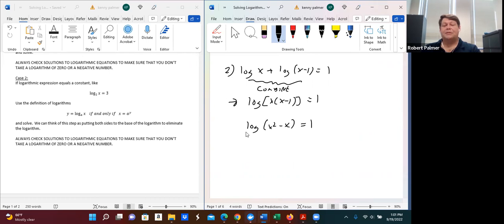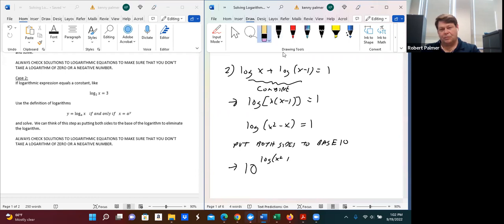Now, in the same way, we need to write this as an exponential expression. So think of it, once again, since it's log base 10, put both sides to base 10. We do that, we have 10 to the log of x squared minus x equals 10 to the 1.